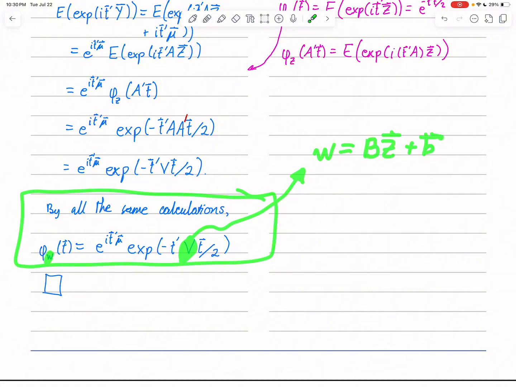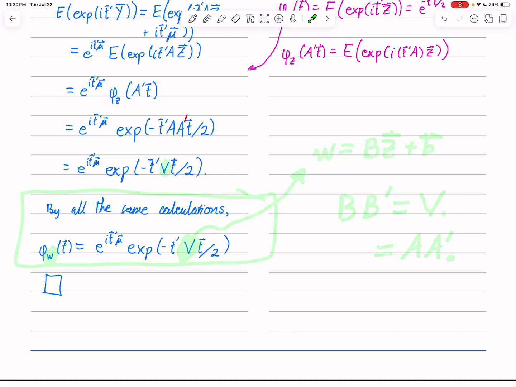The sort of assumption underneath all of this is that B transpose would also be equal to V, that's also equal to A transpose. So whether you use A transpose, you get V, or if you use B transpose because it's coming from W, you still get V. You get the same thing.